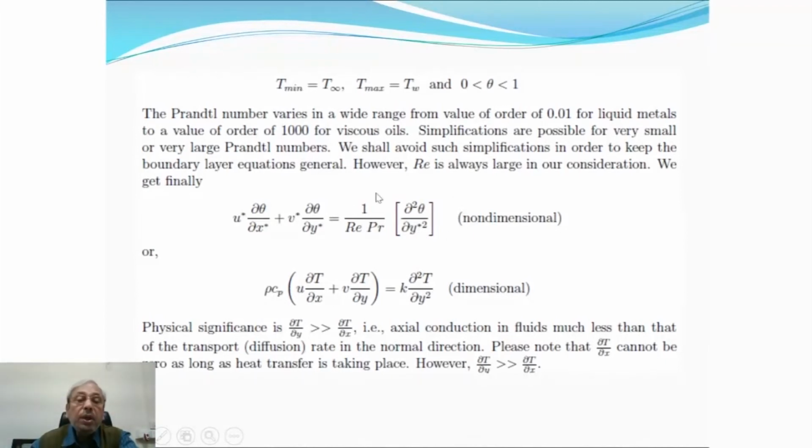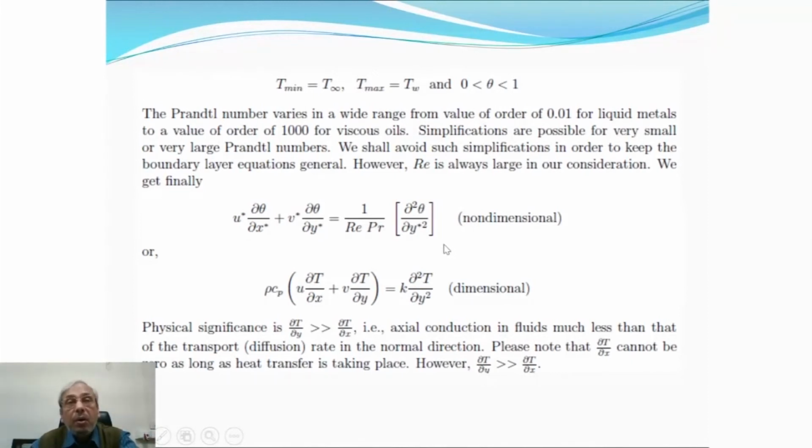Non-dimensional value. Dimensional value, if we go back from here, we will get rho Cp U del T del x plus V del T del y equal to K del 2T del y2. Physical significance: del T del x is not to be dropped because it is 0.